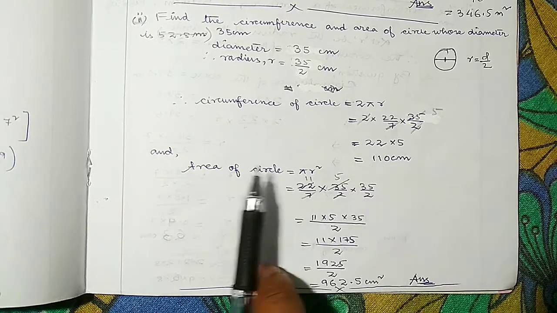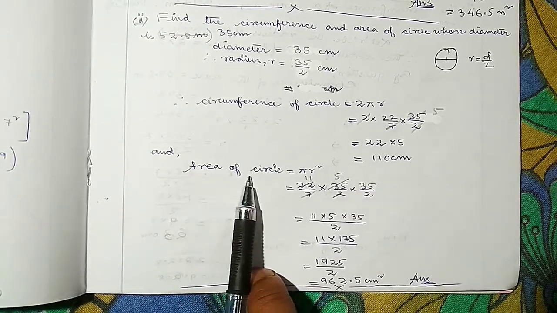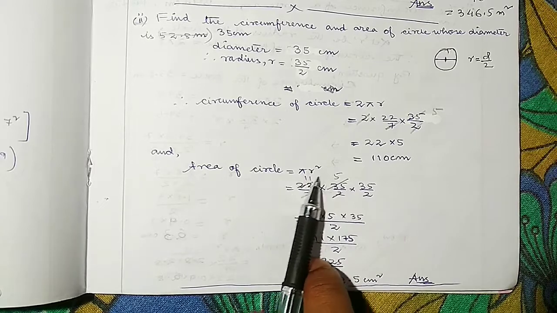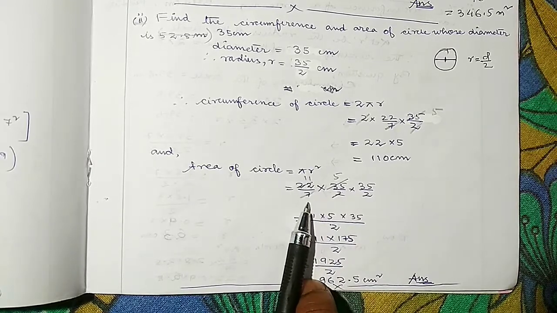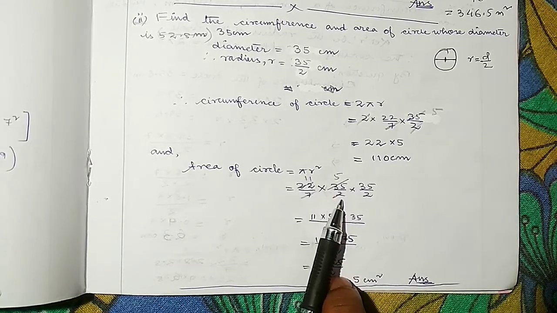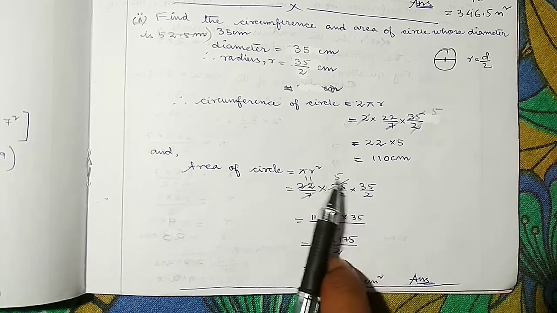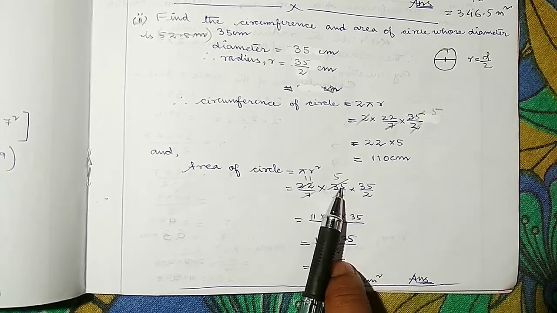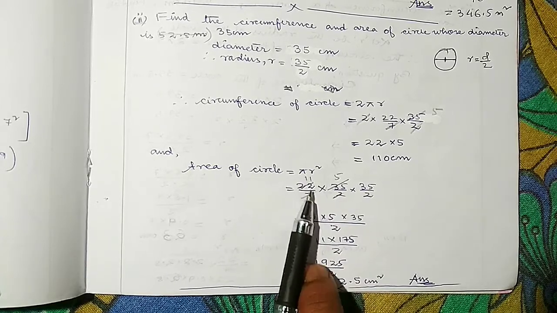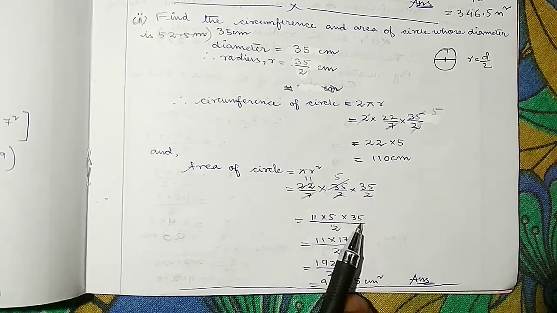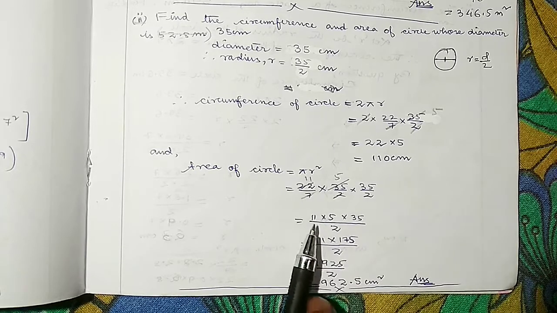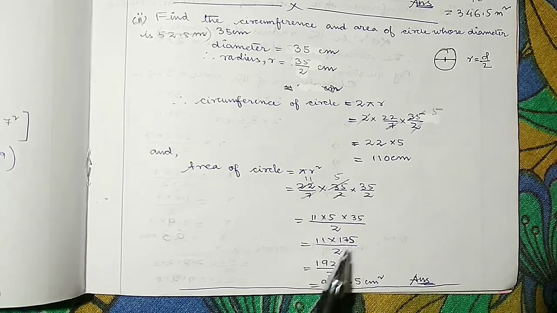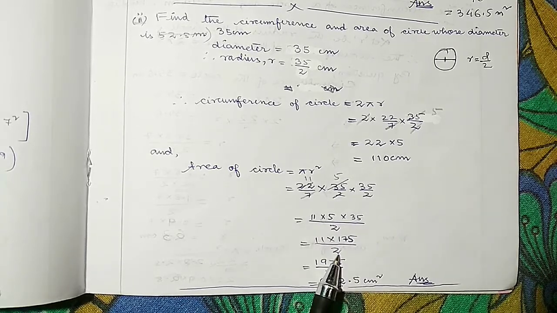Fine. And the second part, we have to calculate area of the circle. And area formula is pi r square. So pi is 22/7. R is 35/2 into 35/2, because it is r square. Now 7 5 ja 35. 2 11 ja, so it will be 11 into 5 into 35 divided by 2. 11 5 into 35 will give you 175 divided by 2.